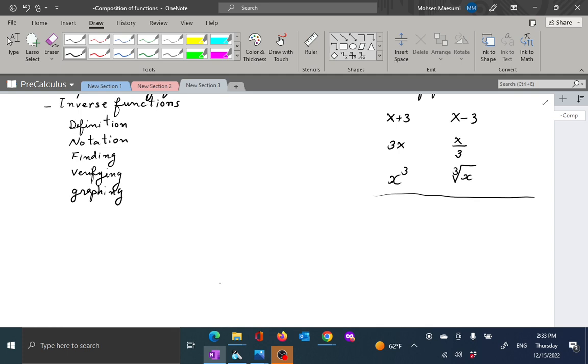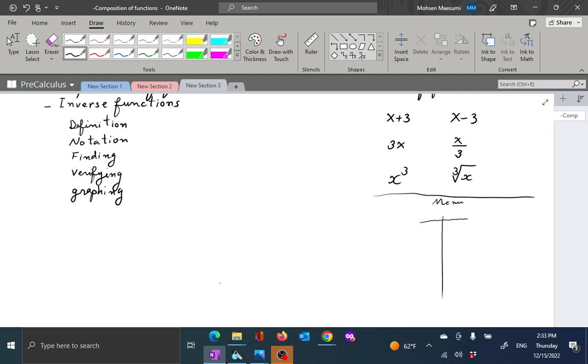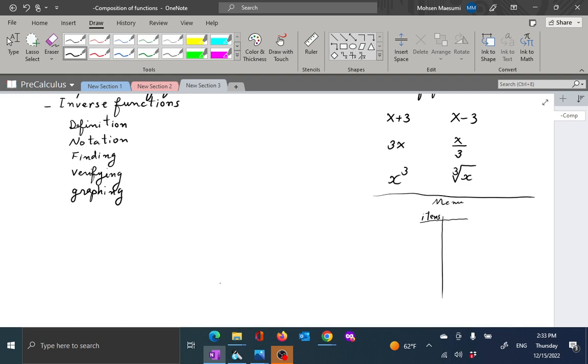So for example, if you go to a restaurant or something, you get a menu. So a menu is a good example of a function. It has certain items on it, and those items come with certain prices.